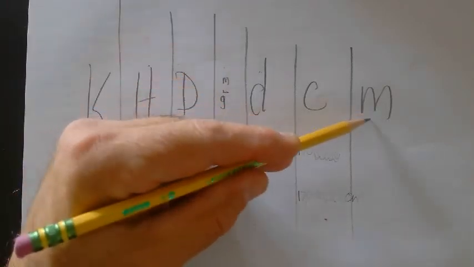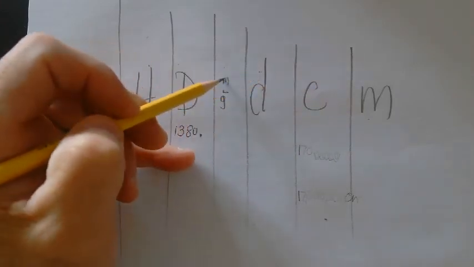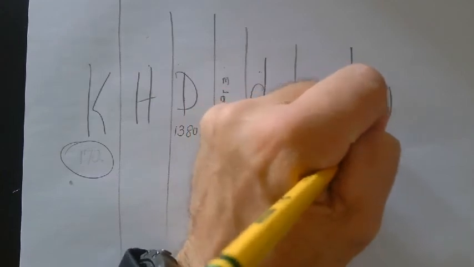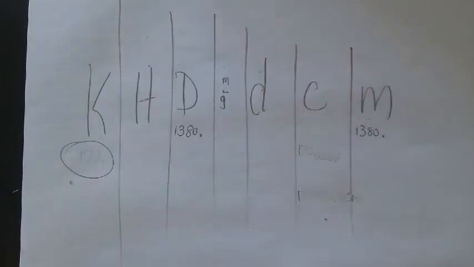What am I changing it to? Doesn't matter. You can pick whatever you want. M. So we're going down here to the one at the end. So I'm going to write my number in here. It's 1,380, and my decimal place is there.